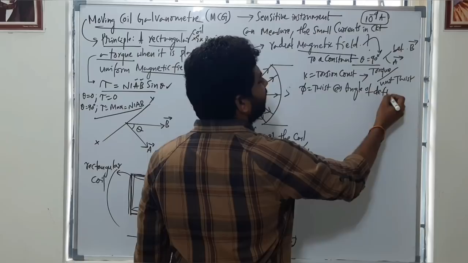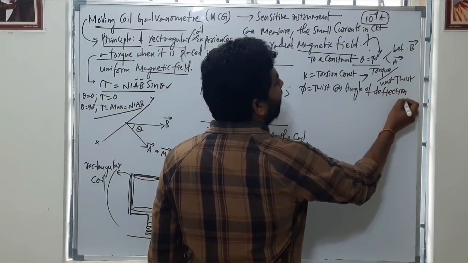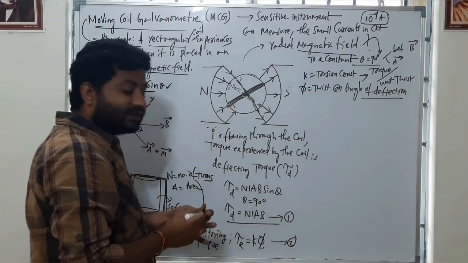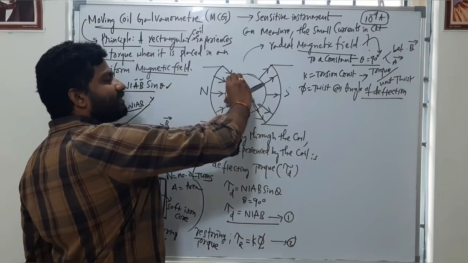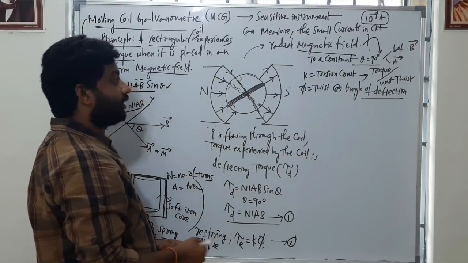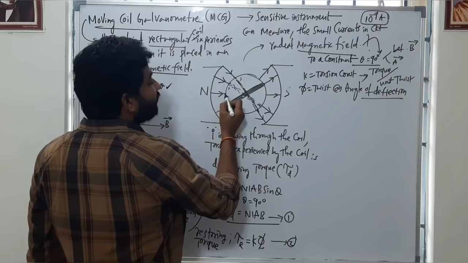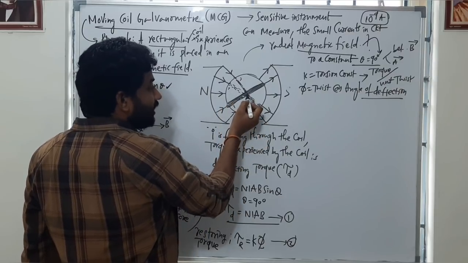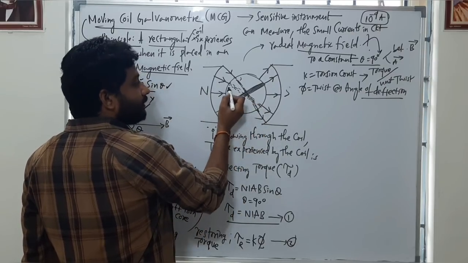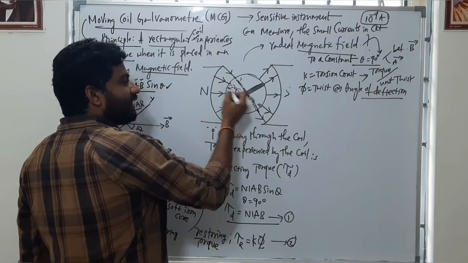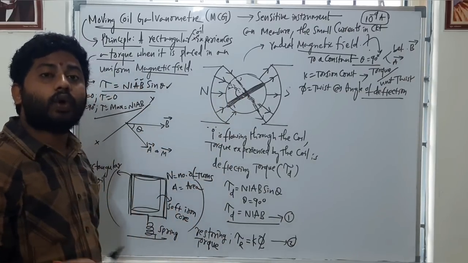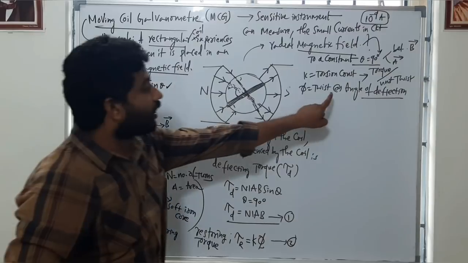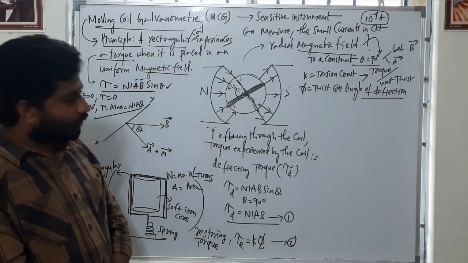Understand? So phi is how much the angle is deflected. Initially, this is the position. After some time, this is the position. You can see there is an angle between them. So that is called the angle of deflection or twist. So that is phi. Okay.